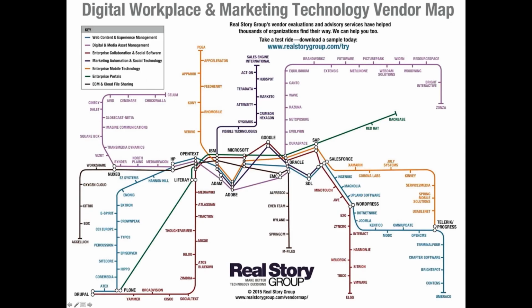So I mentioned these tube stops or these subway stops. This is our latest vendor map that you can download from our website. I'm going to use this as sort of an introduction into the conversation today, which is that across all these different technologies, and each different technology is represented by a particular line on this digital workplace and marketing technology metro map.